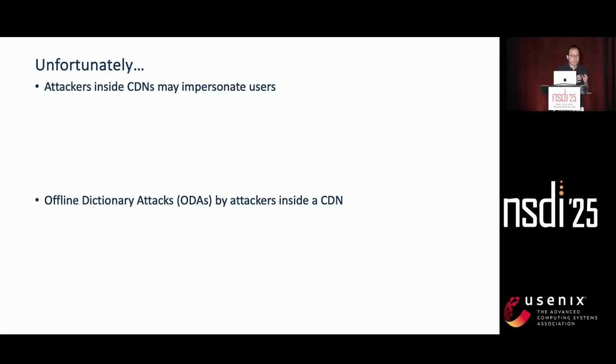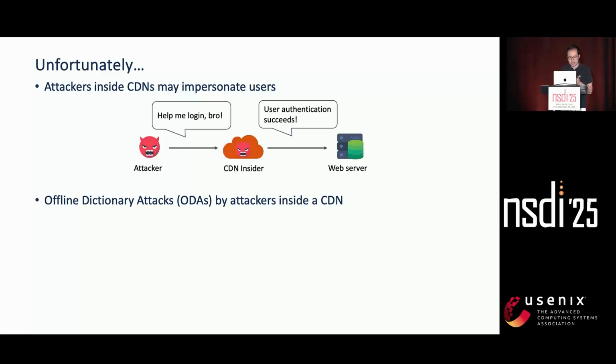However, this is a very simple idea, and it comes with two problems. The first is that an attacker inside the CDN may impersonate the user. The second is offline dictionary attacks by an attacker inside the CDN. For the first one, a malicious CDN insider can help the attacker cheat the web server, even if the attacker doesn't know the password.